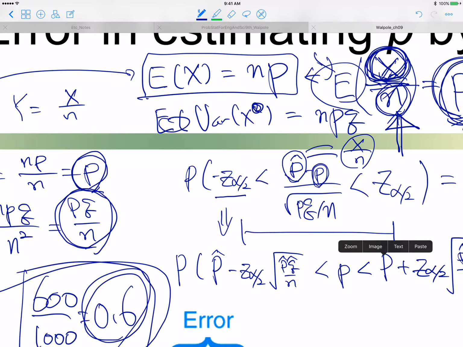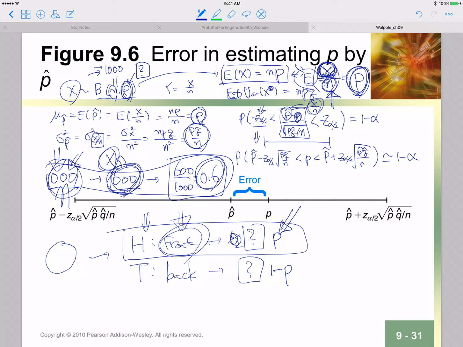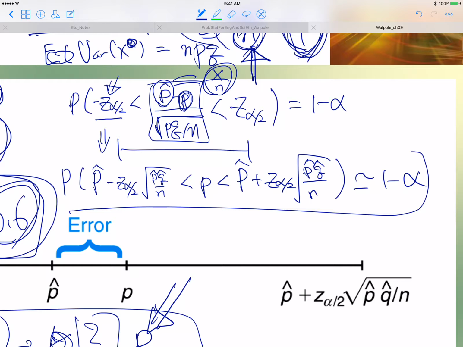This follows a Gaussian distribution, and if we normalize this random variable by subtracting the true mean p and dividing by the true standard deviation, the square root of pq over n, then it follows the standard normal distribution. So we can use this standard normal random variable z, and in this manner we can obtain this confidence interval.